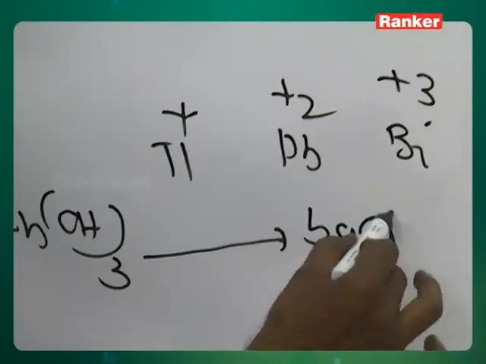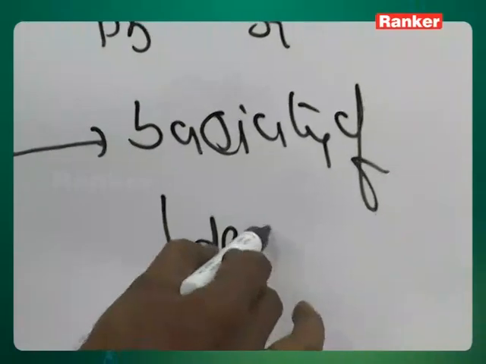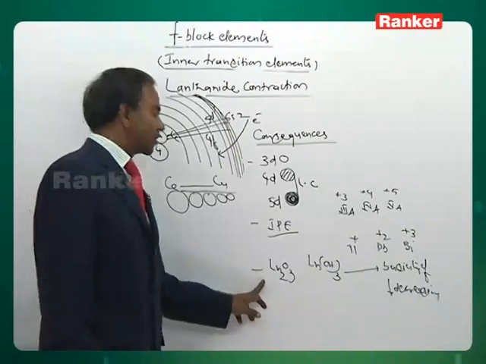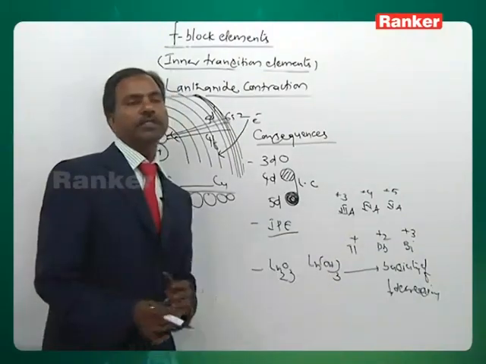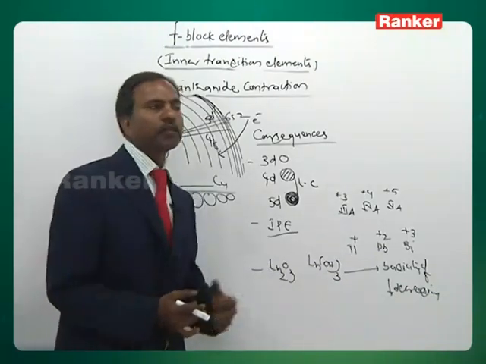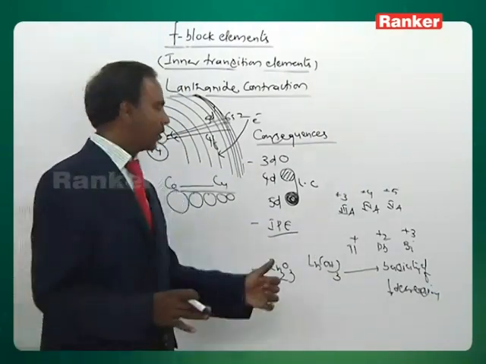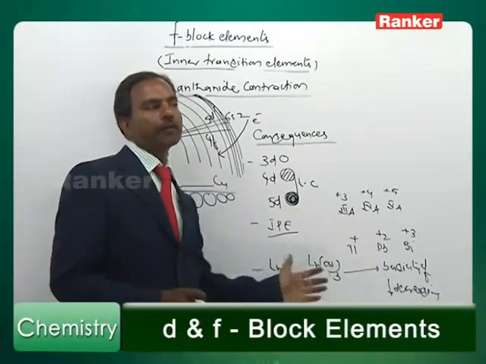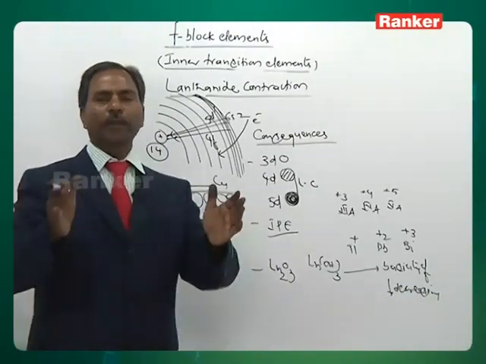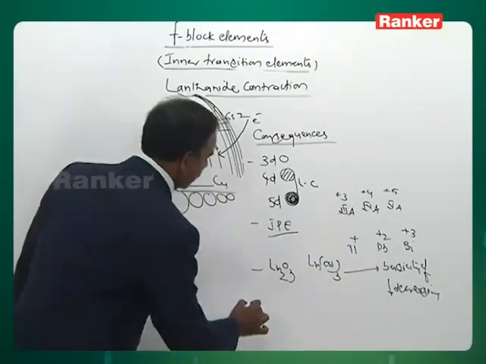Left to right, the basicity of the lanthanide oxides and hydroxides gradually decreases. Why is it decreasing? Once the atomic size decreases, the strength of the lanthanum to OH bond becomes more, so it cannot be easily ionizable. Therefore, from lanthanum to lutetium, the basicity of oxides and hydroxides gradually decreases. What can you conclude now? Lanthanum hydroxide is a stronger base, but lutetium hydroxide is a weaker base.